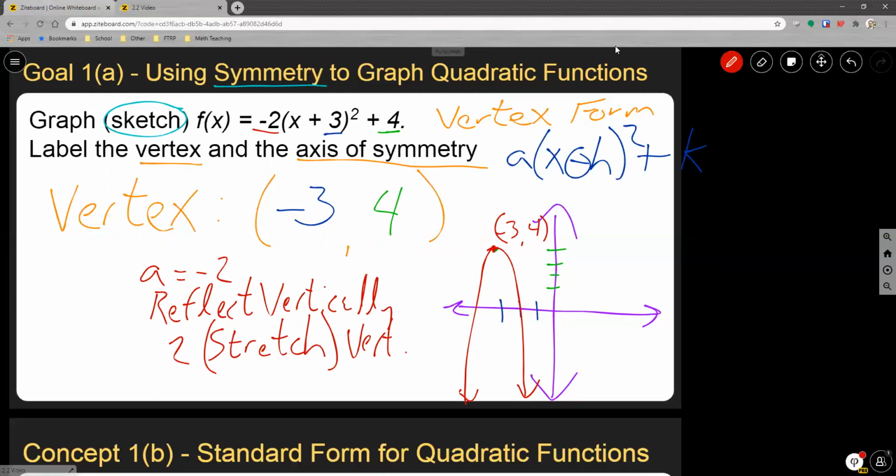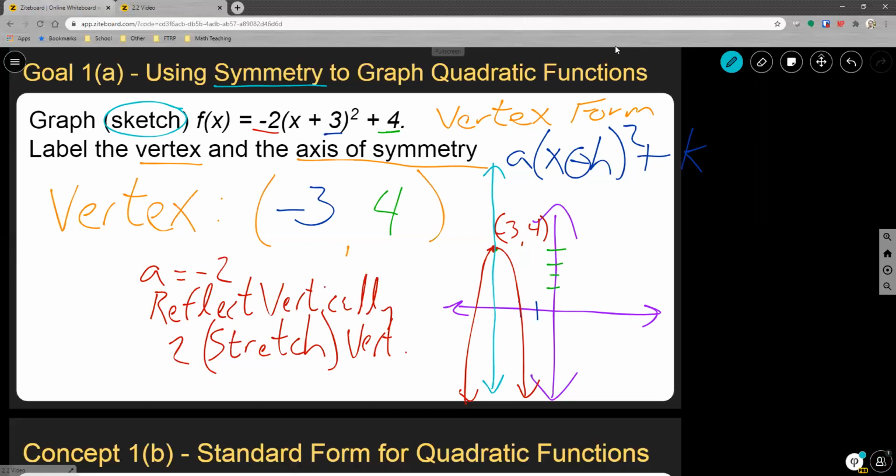And then it's going to have an axis of symmetry, which I'll do in this light blue color, that's going to be right at the line x equals -3. Now this is a bad sketch, so disregard this little lineup problem that I had there. Let's fix that.